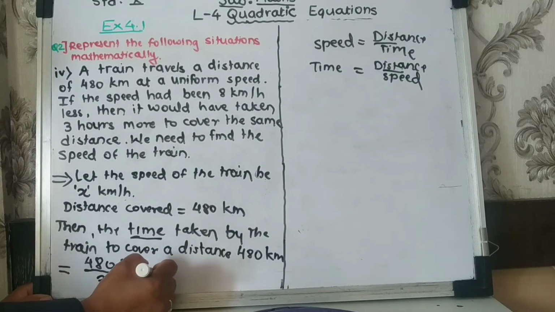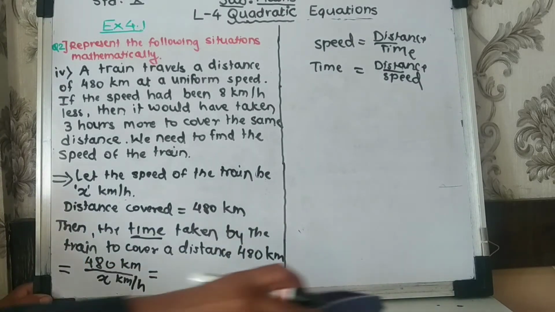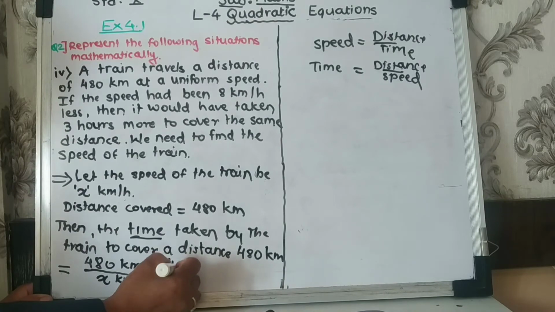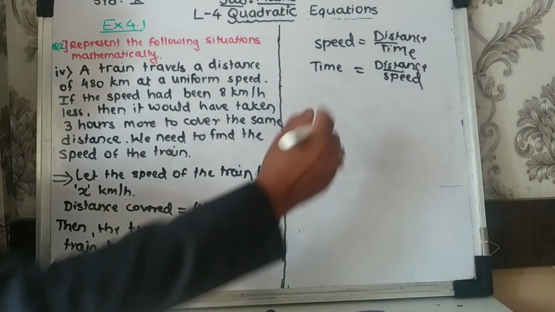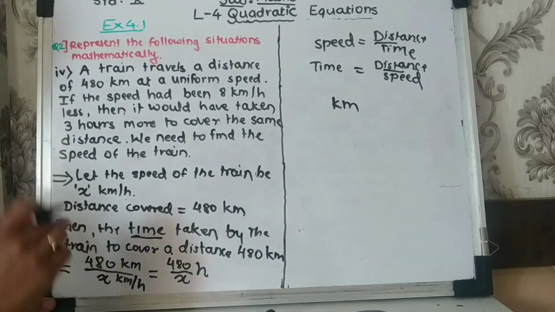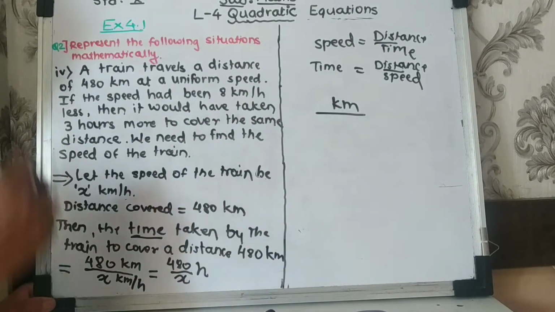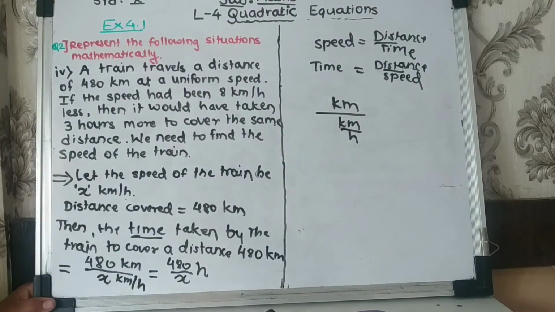Now this we will get as 480 upon x hour. How did I get this? See, I'll just show the units only. Kilometer is in the numerator and kilometer per hour is in the denominator.